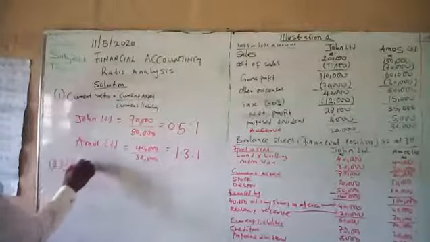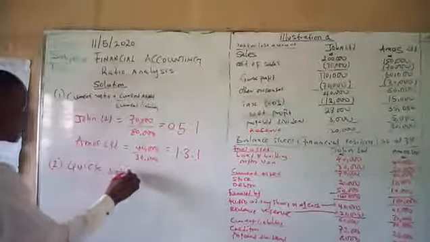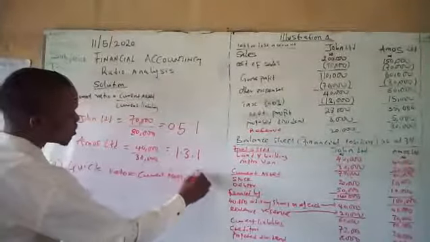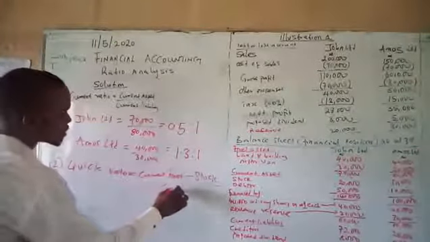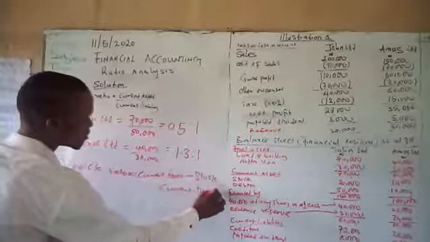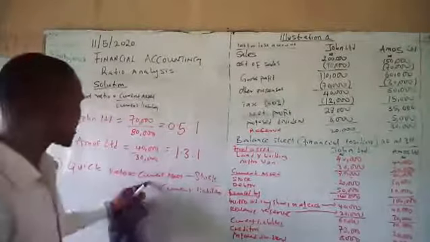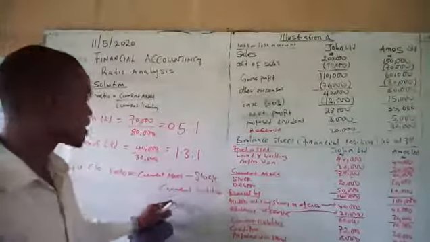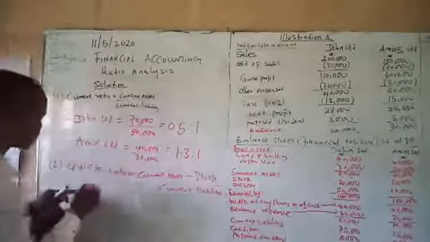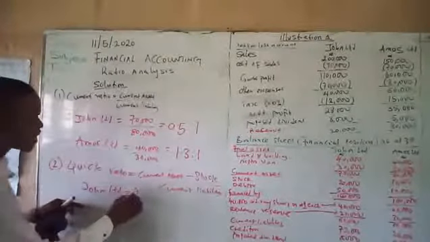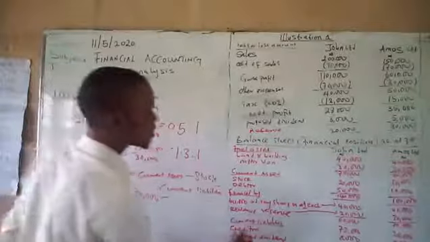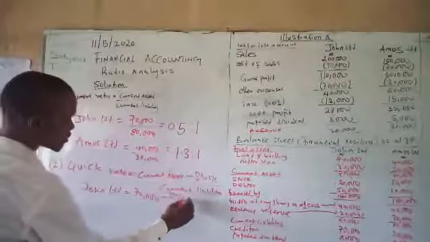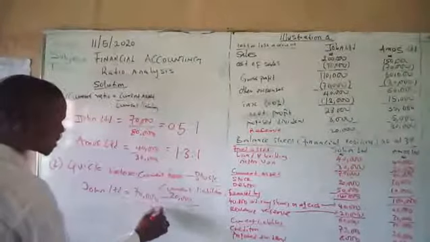Now let's look at the second one, which is quick ratio. Quick ratio is equal to current asset minus stock over current liabilities. For John Limited, the total current asset is 70,000 naira minus inventory, which is 20,000, divided by current liability of 80,000.